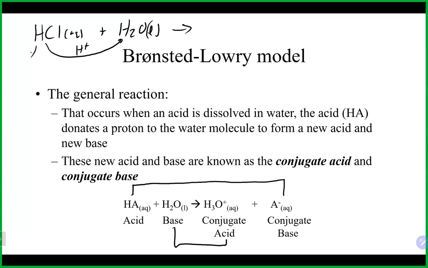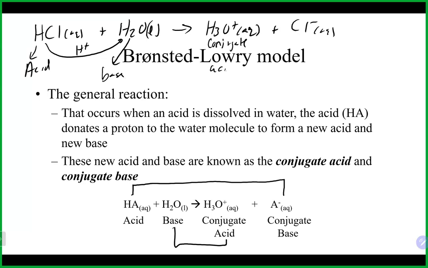And the HCl here would be our acid. And I'll make what we talked about a second ago. Our water here would actually be our base in this case. This would be our conjugate acid. And that would be our conjugate base.